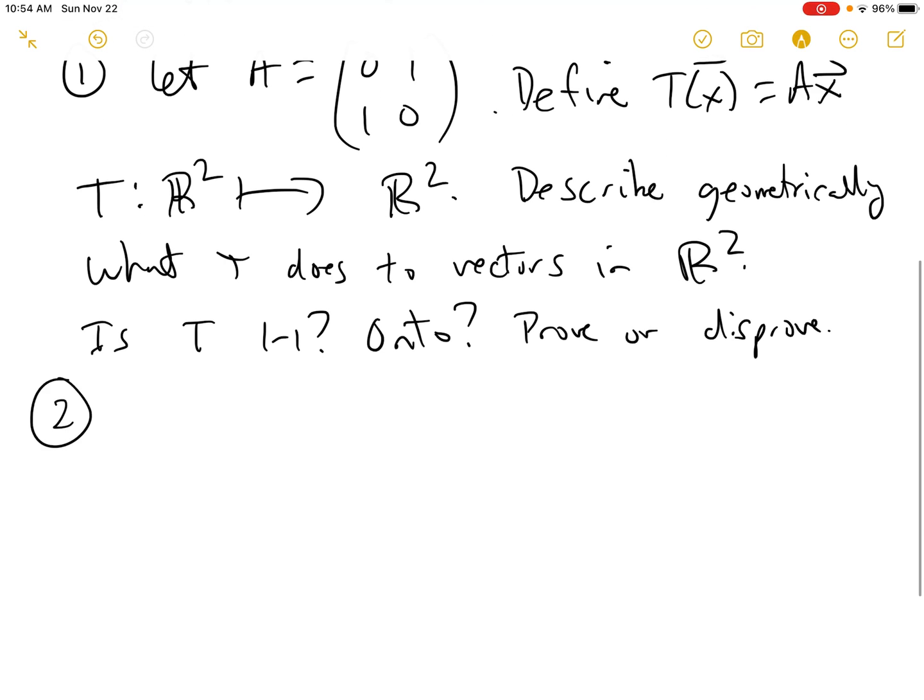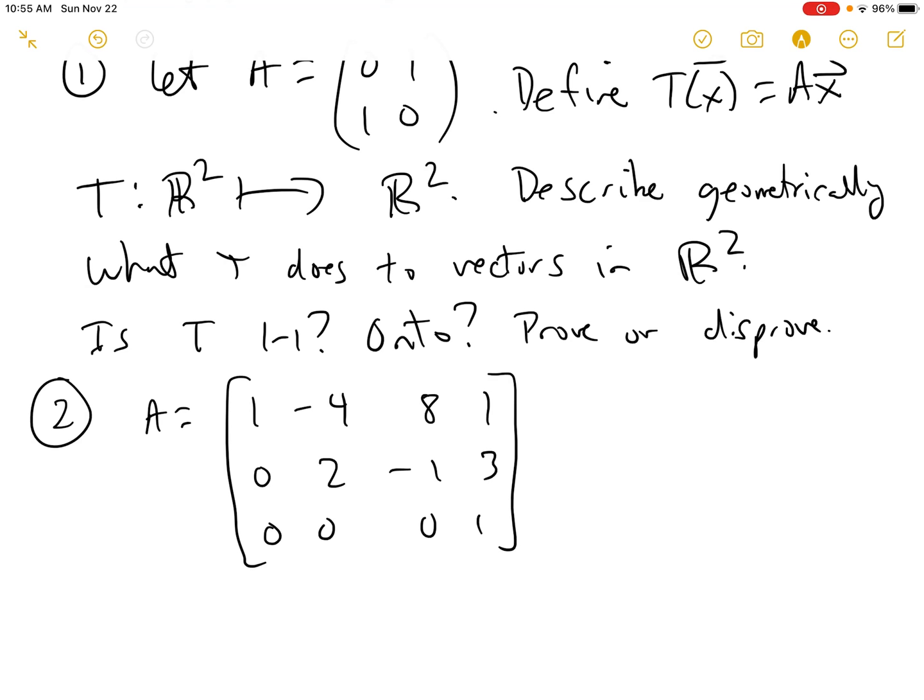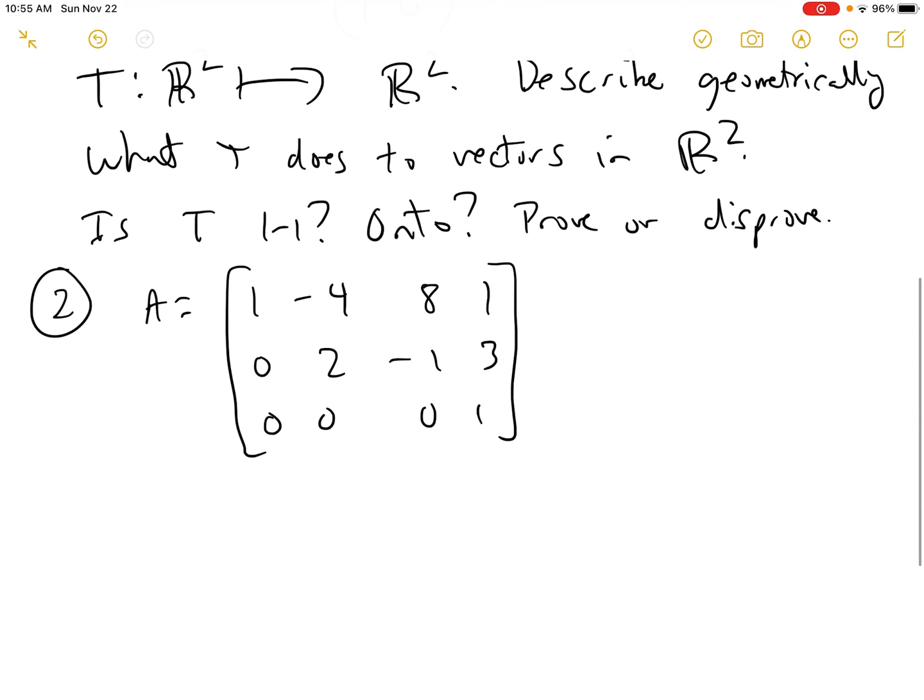So 2, we'll take the same idea with a non-square matrix. We're going to let A be the matrix with rows 1, -4, 8, 1; 0, 2, -1, 3; 0, 0, 0, 1. And define, again, a linear transformation T(x) = Ax.